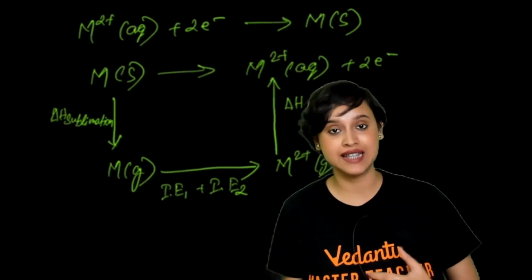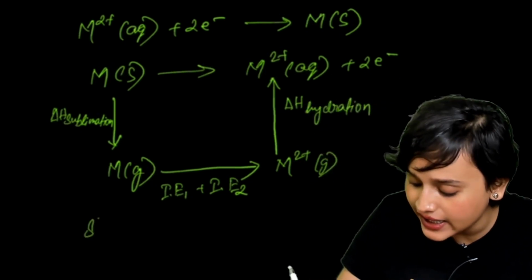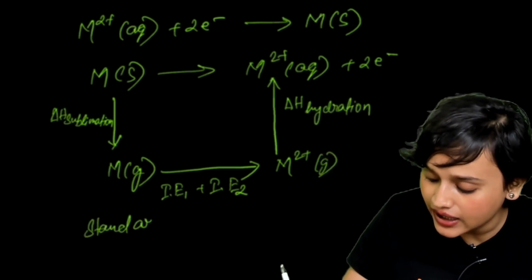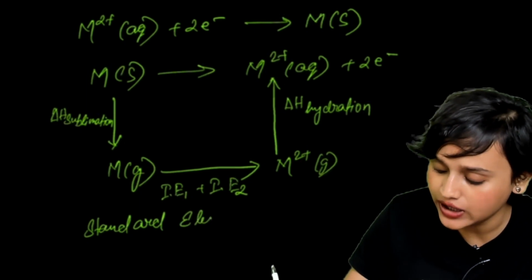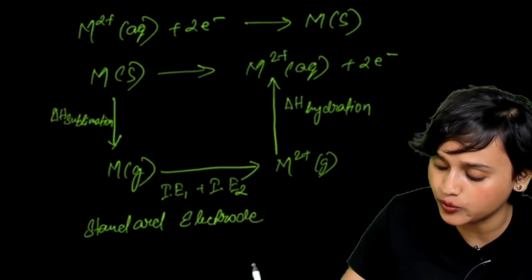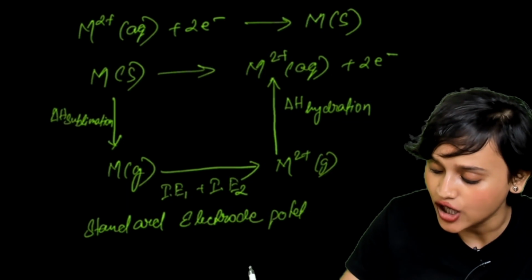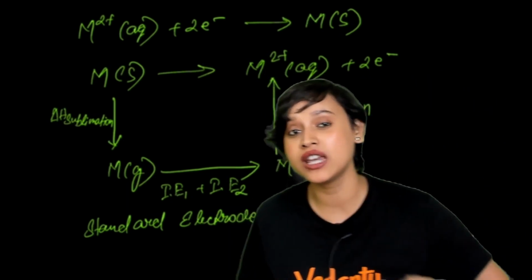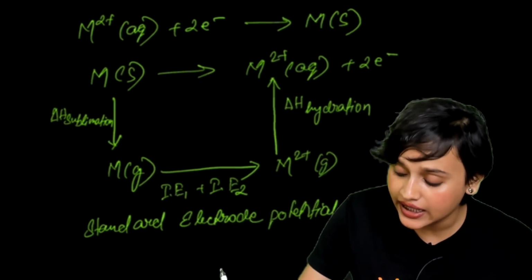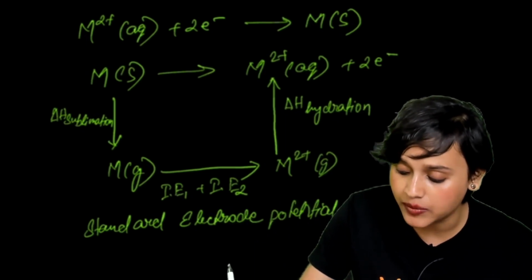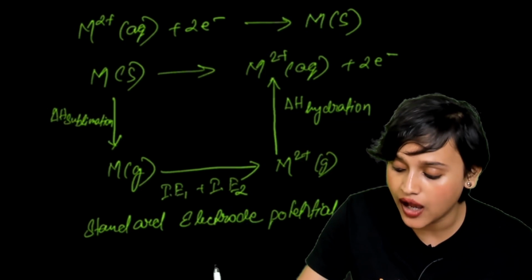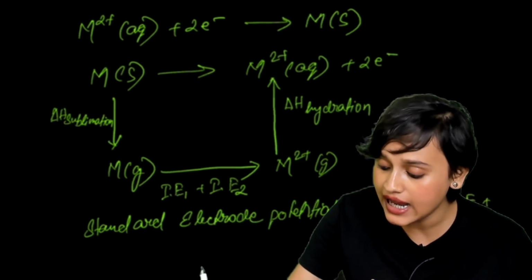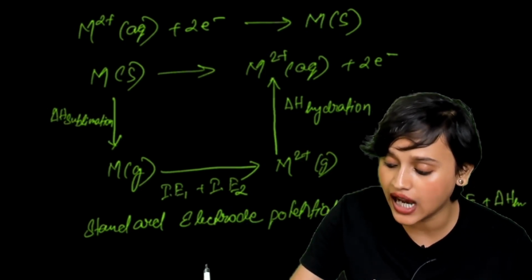So that means that when we talk about standard electrode potential, my dear students, do you see that there are 3 energies that are working here? What are the 3 energies? The energies are delta H sublimation energy, then you have ionization energy, and then you have delta H hydration energy.